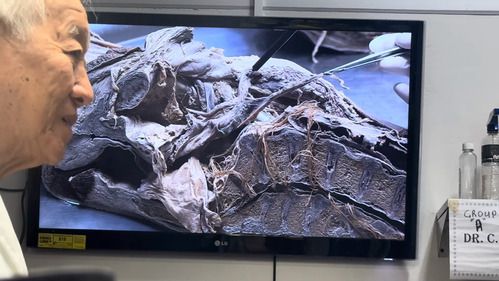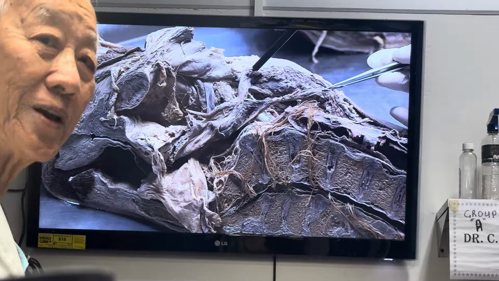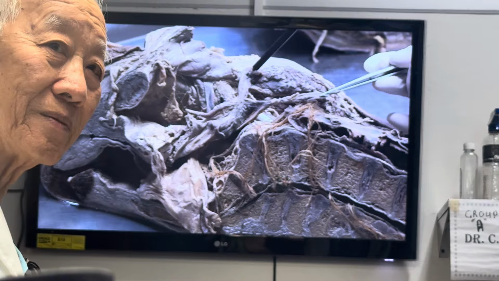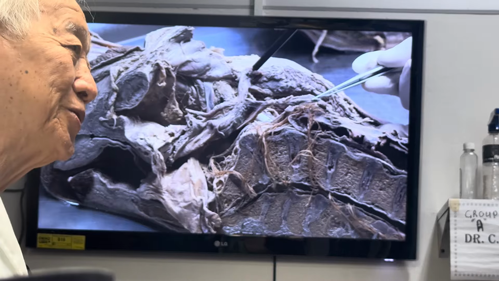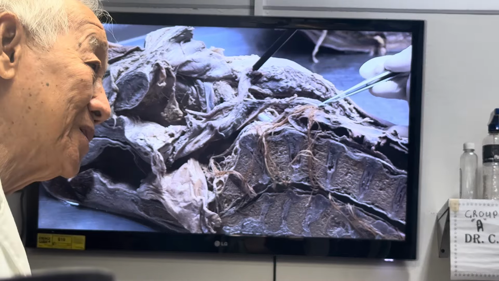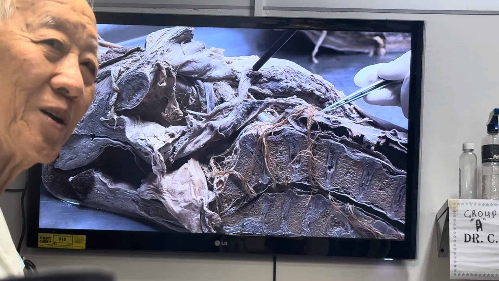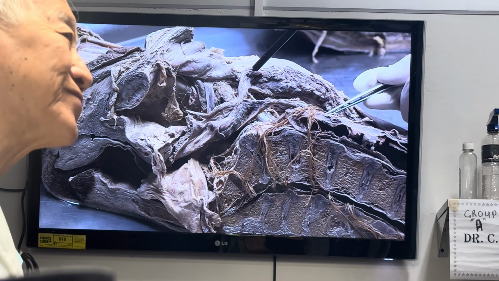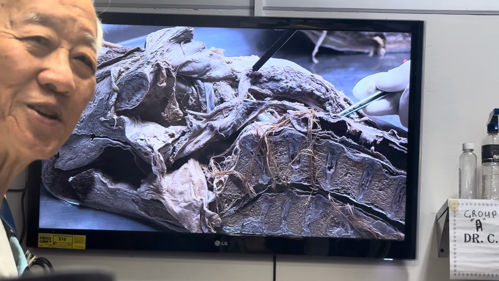You know what this is? This is called the suspensory ligament of the ovary. There's another name which the clinicians more usually use: the infundibulopelvic ligament, which sounds a little bit more high class than suspensory ligament.